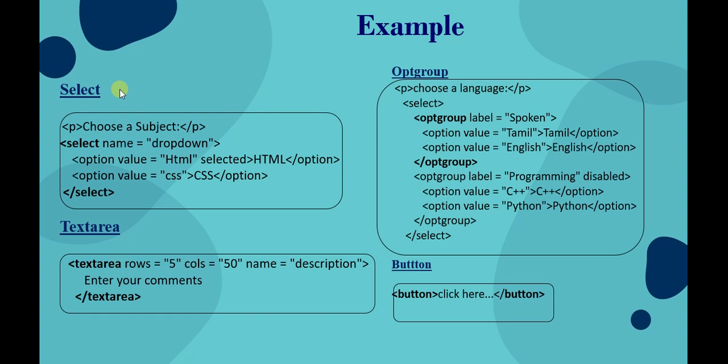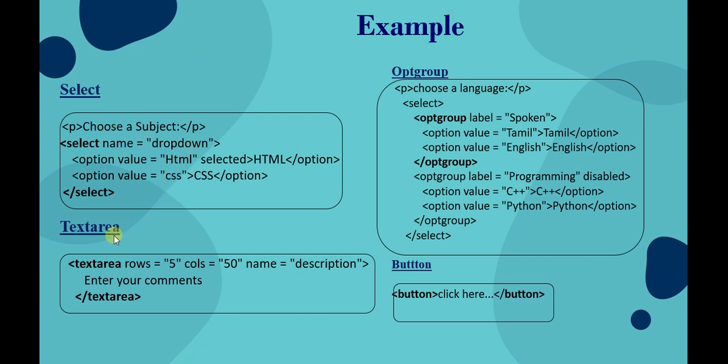Then value is what appears there. You can specify 10 to 20 values, and among those 20 values, whichever one should be selected by default when you open the form is represented using the keyword selected. Then you can close your option. We created one dropdown box.